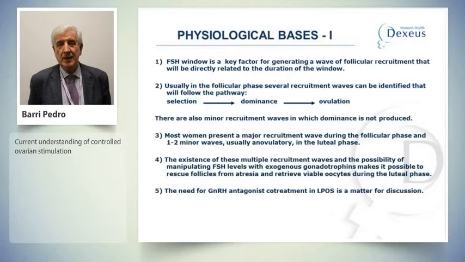But taking advantage of these multiple recruitment waves in the follicular and the luteal phase, we can widen the FSH window by giving extra and a different chronology of FSH administration, and we can rescue these follicles from atresia to reach full maturation by starting stimulation in the luteal phase of the ovarian cycles.